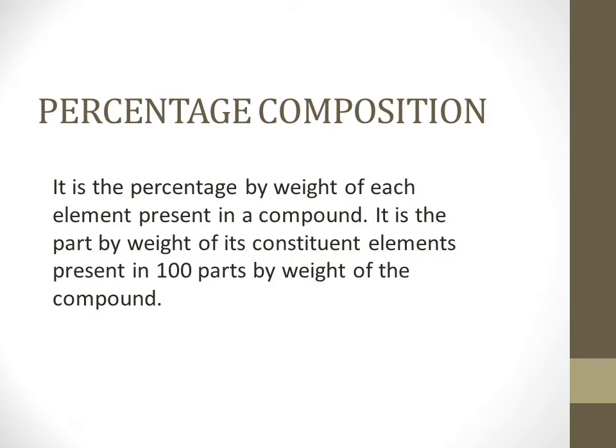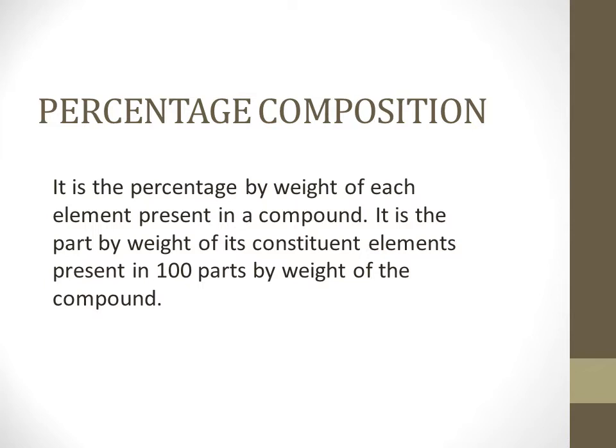You know that a compound is made up of two or more elements. So here in percentage composition of a compound, we are calculating the percentage by weight of each element present in that compound. For example, let us take the case of water. Water is a compound made up of hydrogen and oxygen.